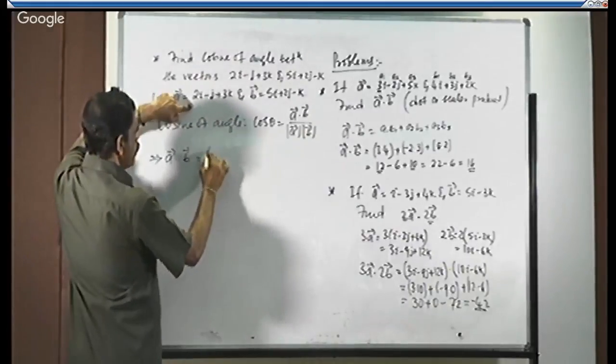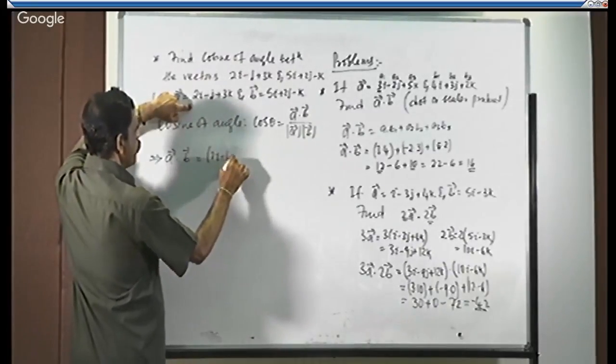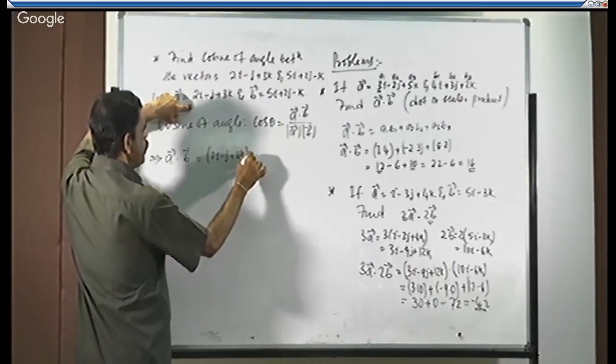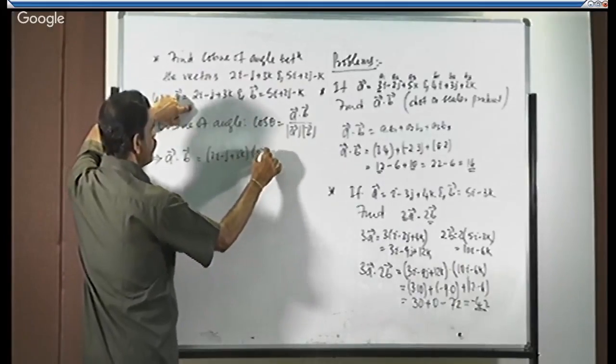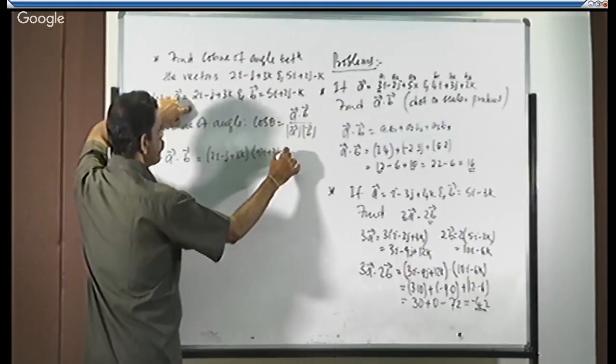What is a? Take the vector a, 2i minus j plus 3k, dot what is b? 5i plus 2j minus k.